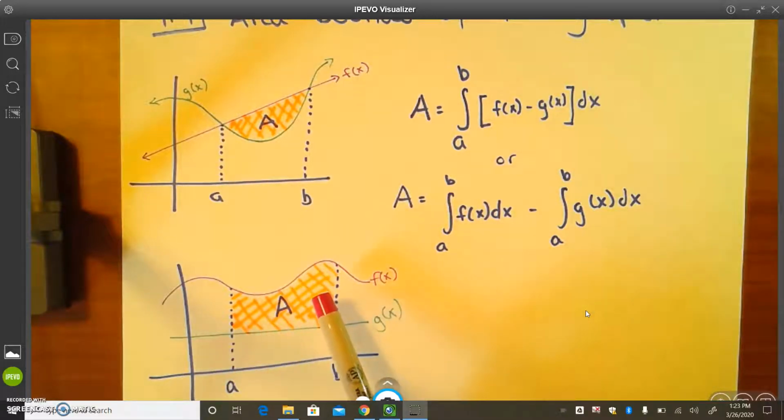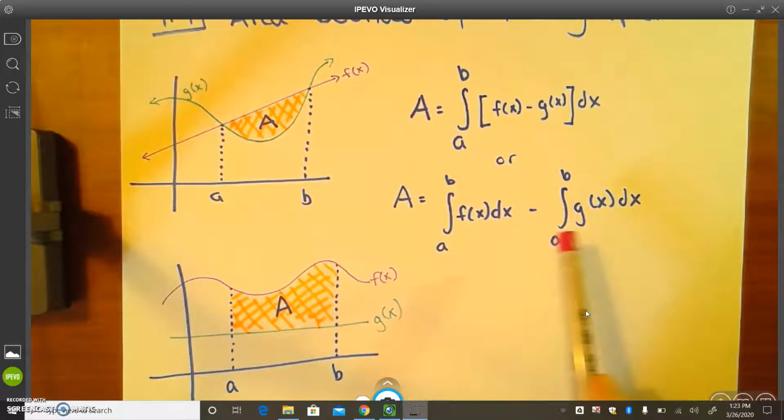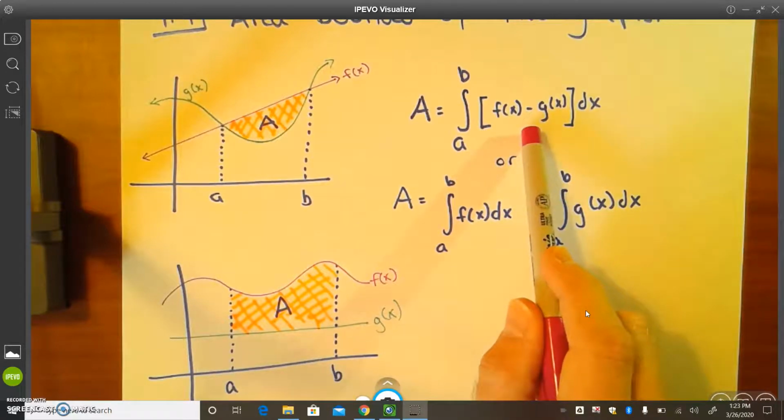And it's not that difficult to guess where we're going with this. If we took the entire area underneath F, but then subtracted the area underneath G, we would have this equation here, which gives us A, the region above G but below F. Or you can just take the integral of the difference of those two.